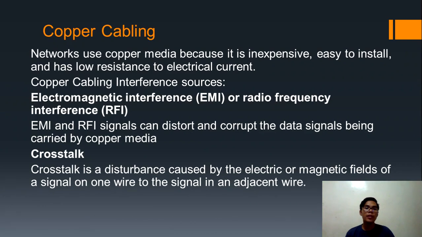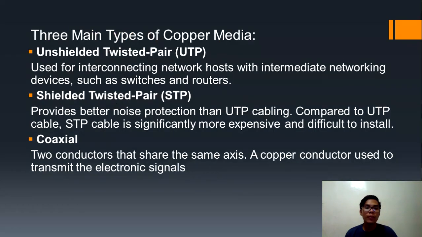Copper cabling interference sources: electromagnetic interference (EMI) and radio frequency interference (RFI). EMI and RFI signals can distort and corrupt the data signals being carried by copper media. Crosstalk is a disturbance caused by the electric or magnetic fields of a signal on one wire affecting the signal in an adjacent wire.